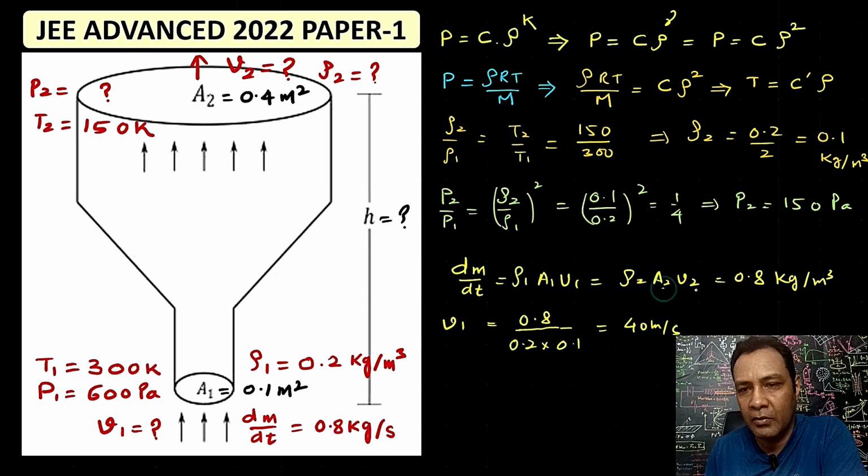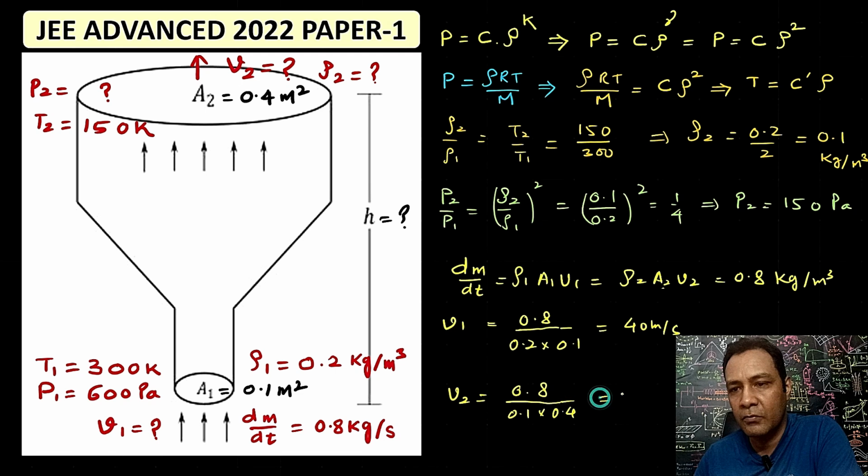And the same way we can find v2. V2 will be 0.8 divided by rho 2 a2. Rho 2 how much we got? Rho 2 we got 0.1, and a2 is given 0.4. So that will be 20 meter per second.